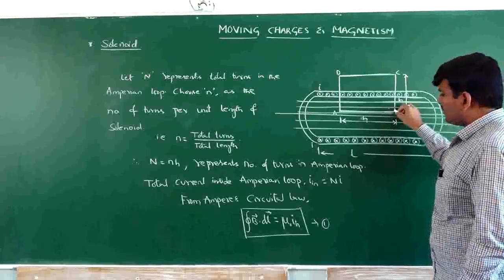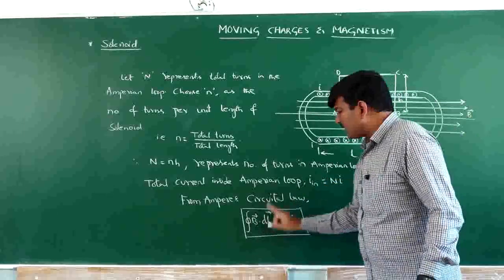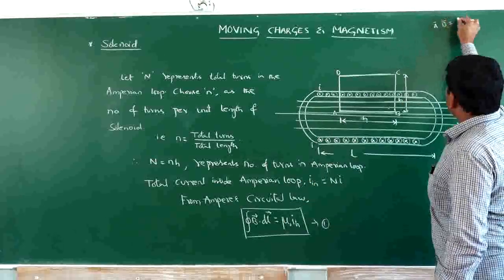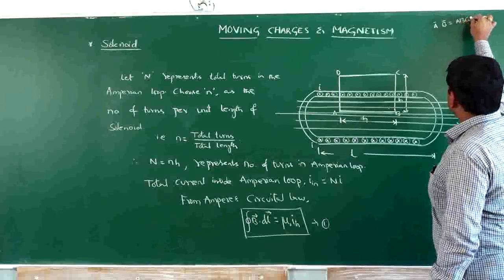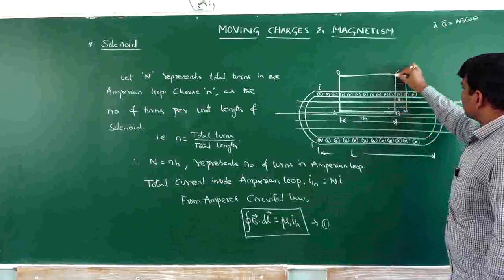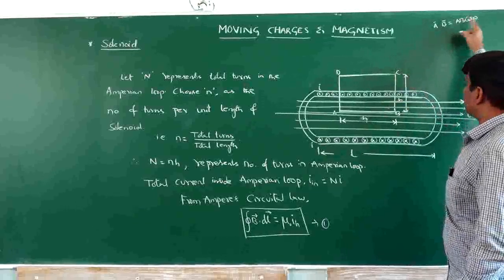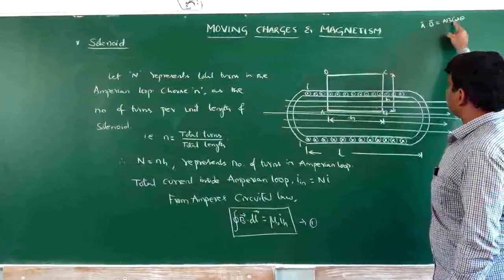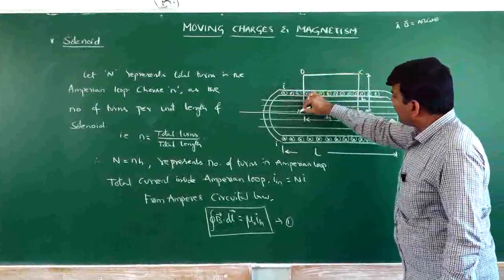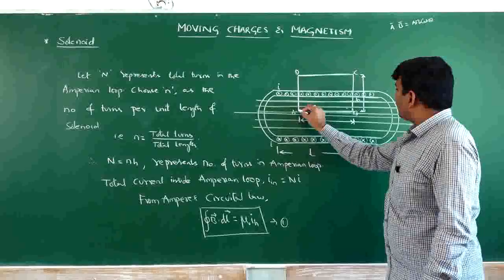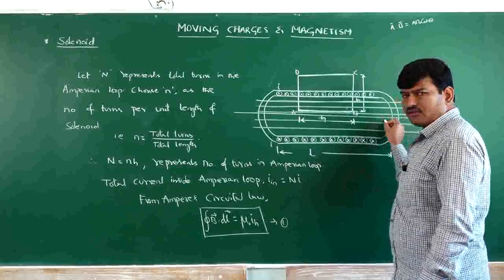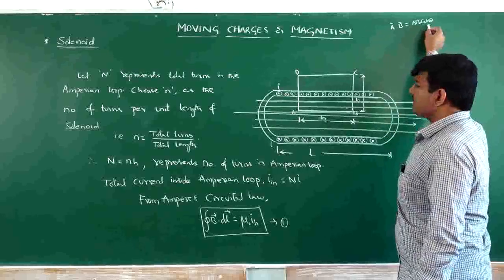A bar dot B bar means AB cos theta, where theta is the angle between them. Over this length theta is 0 or 90, and cos 90 is 0. That means over BC it is 0, over AD also it is 0. Over AB, which is parallel to B bar, theta is equal to 0, cos 0 is equal to 1.